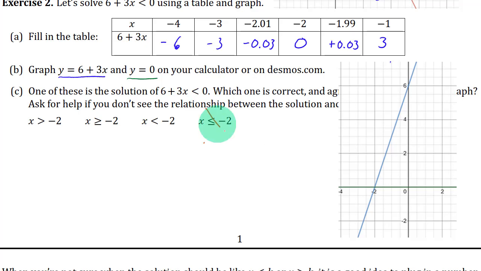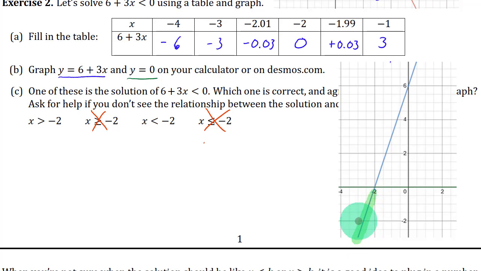So these ones, the ones that have the or equal to, are all out. Now, is it less than or greater than? Well, where are the y coordinates of the blue one less than 0? The y coordinates are less than 0 when you go down this way. Here's where y is -2, here's where y is -1, and y is -3 a little bit over here, but it doesn't quite show it here.